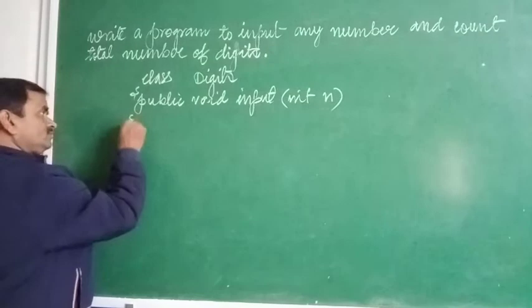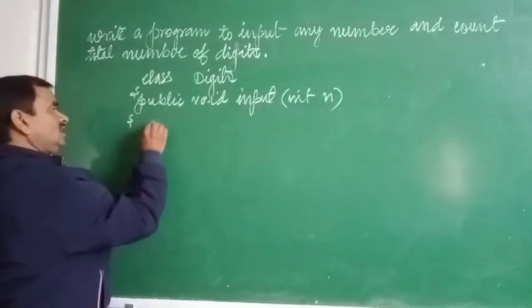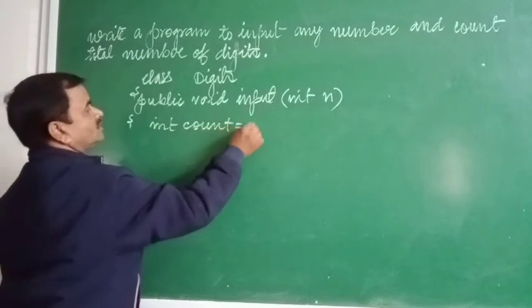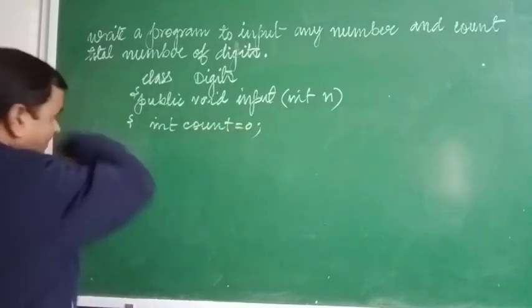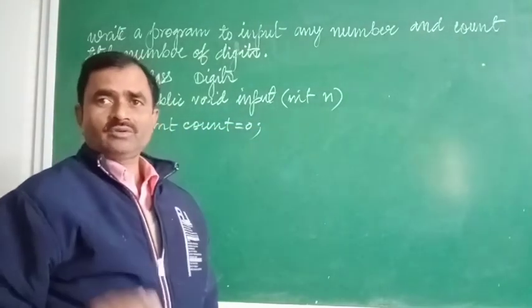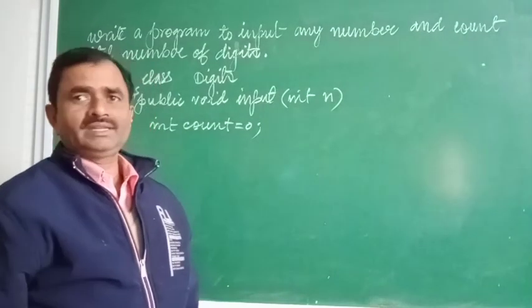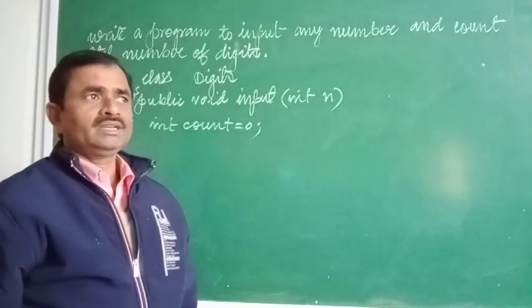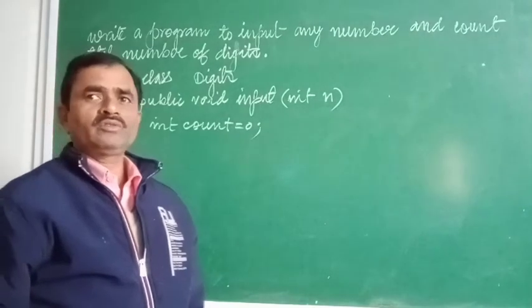Now int count equal to 0. This is count equal to 0 because we are going to count the total number of the digits. That's why I have created here the variable in which you have to store the total number of digits, that is count. Count means we have to count the digits.